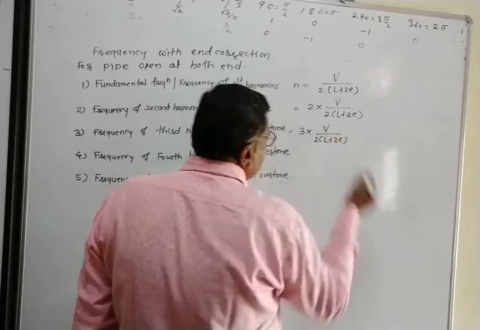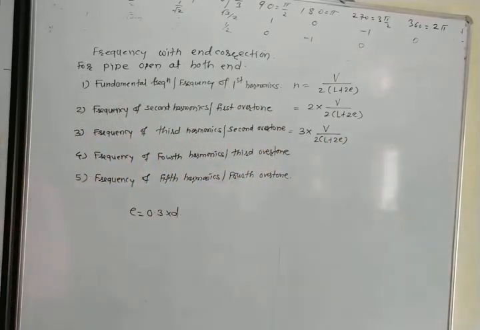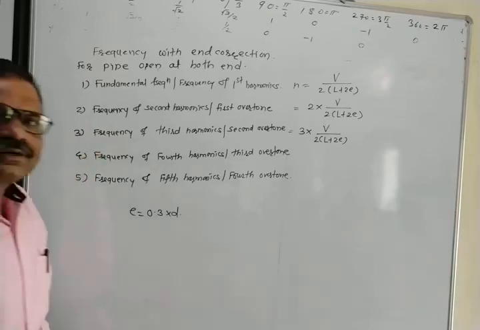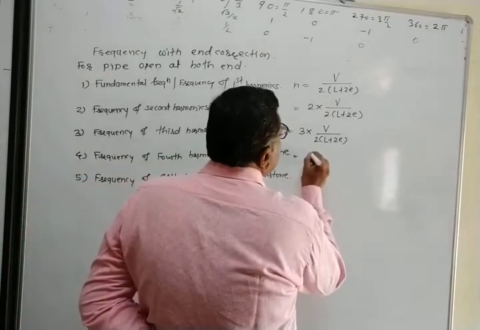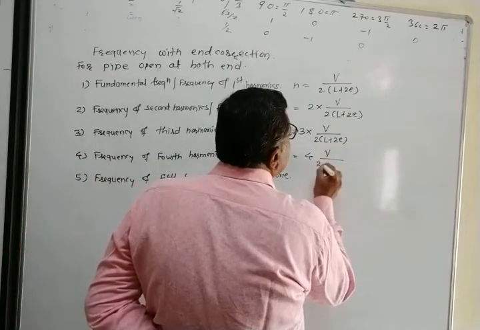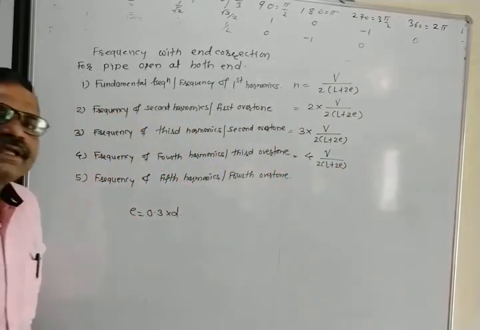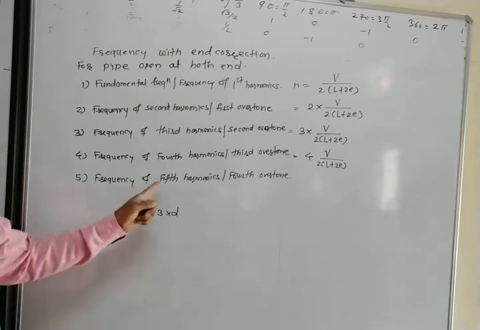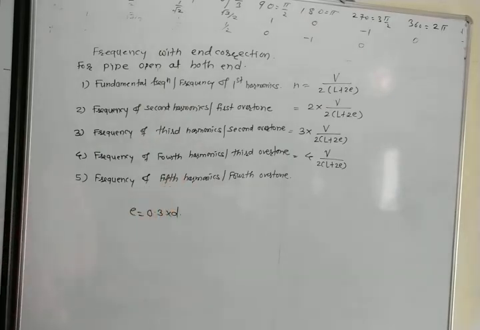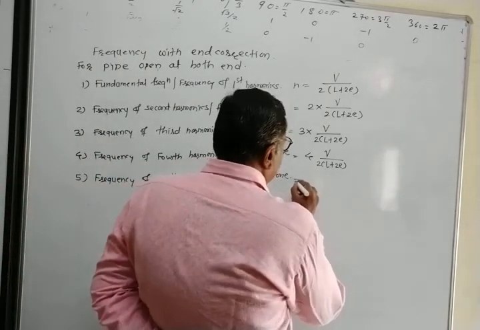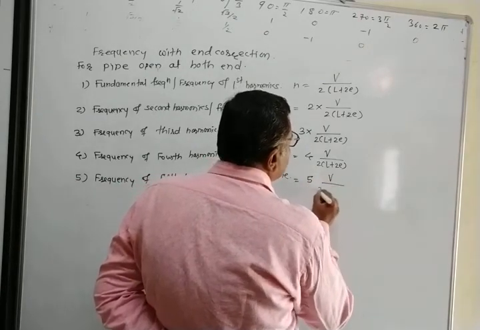Next higher frequency is frequency of fourth harmonic, or third overtone, equal to 4 times fundamental frequency. Next frequency is frequency of fifth harmonic or fourth overtone. It is equal to 5 times fundamental frequency.